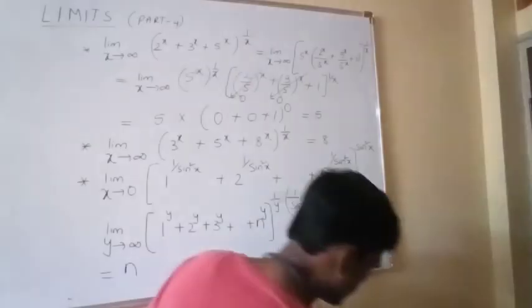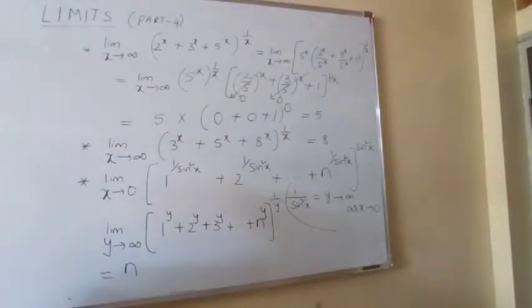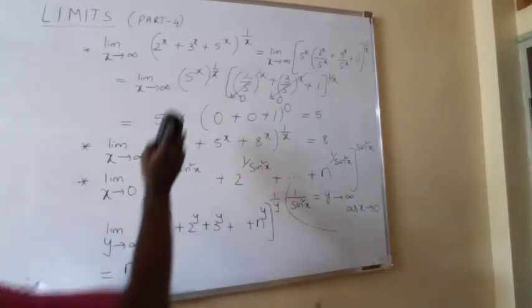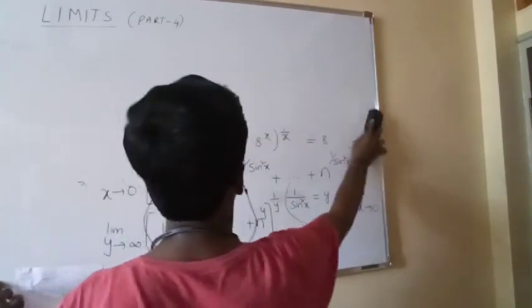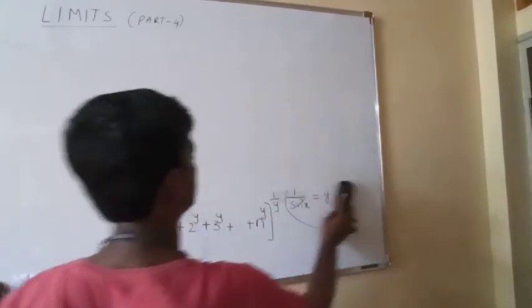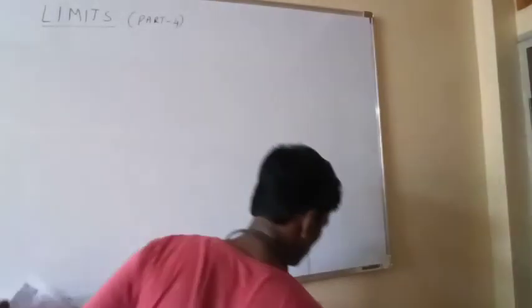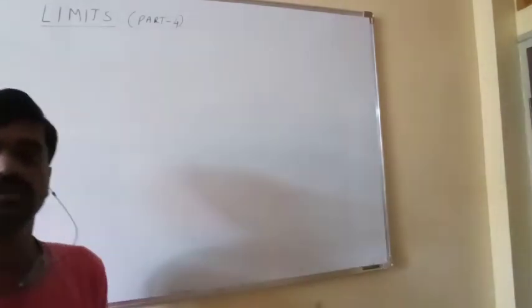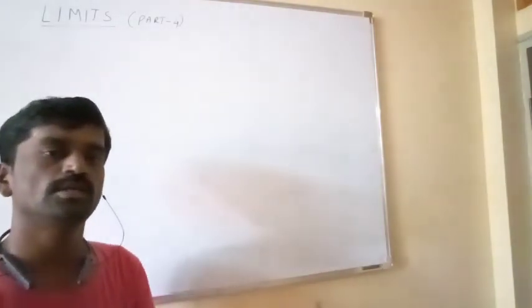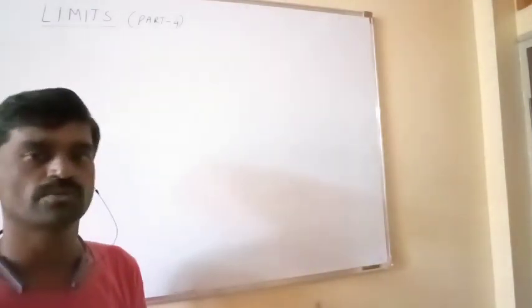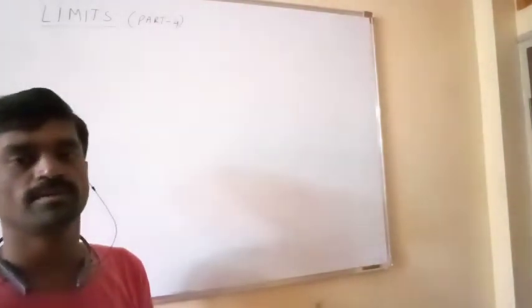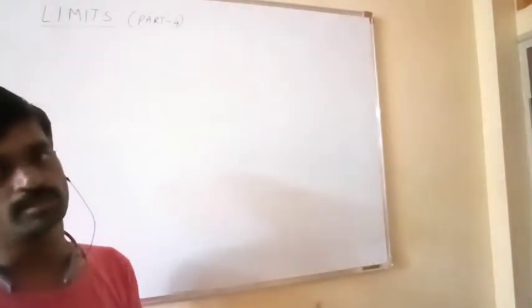Next, problems using expansions. You are familiar with the e power x expansion. What is the e power x expansion? 1 plus x by 1 factorial plus x square by 2 factorial plus x cube by 3 factorial and so on, infinite terms.